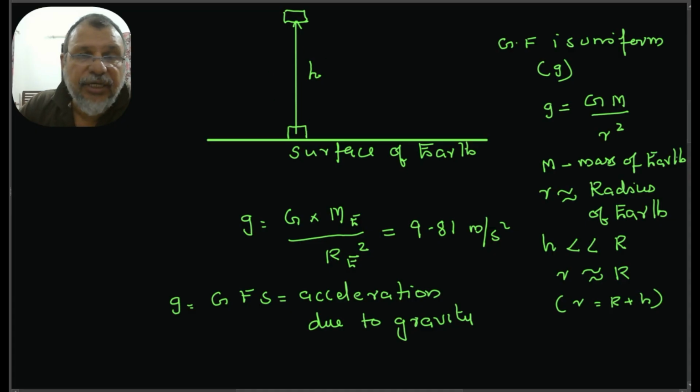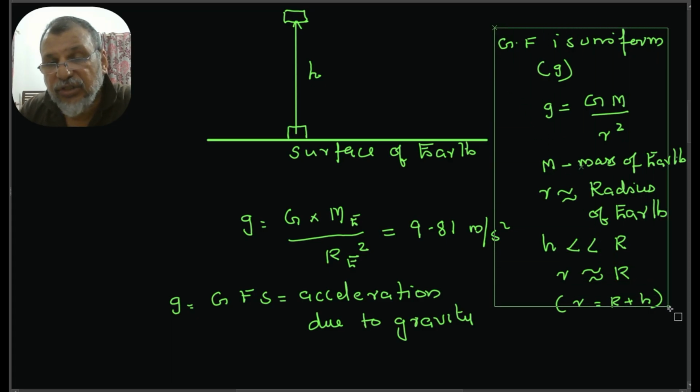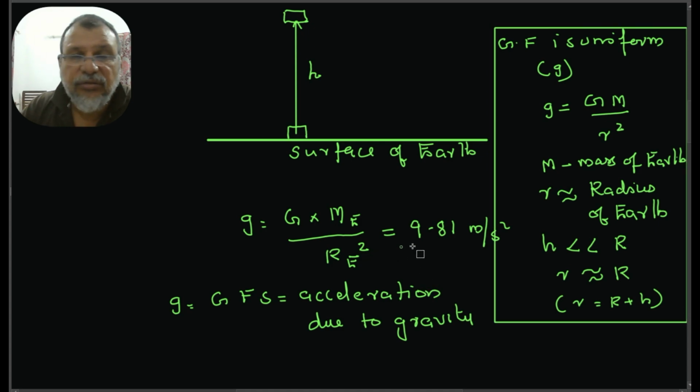Now let us look at the case where we lift a body through a height h. So these calculations, let us put in some boxes. So here we have calculated the acceleration due to gravity. All right.